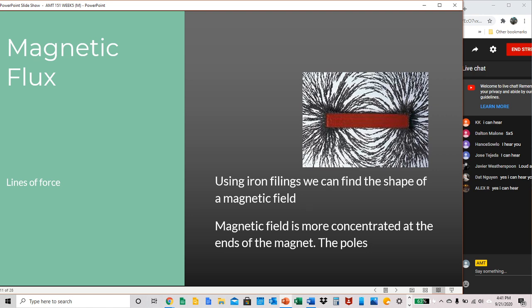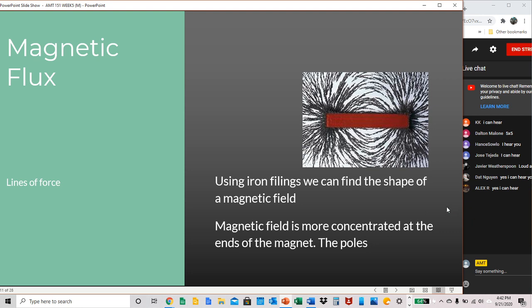In this specific picture, these are the lines of flux of the bar magnet. So you can see that there is a concentrated flux out here at the ends of the magnet, which is the poles. And then there's also lines of flux circulating from the middle of the magnet.